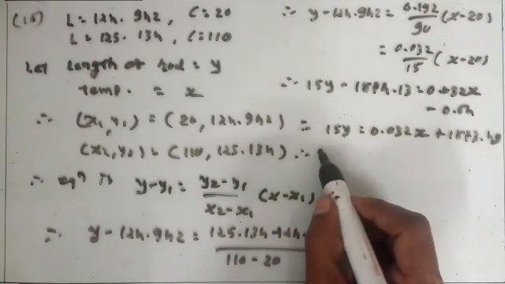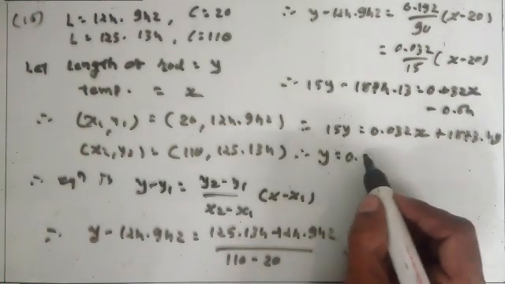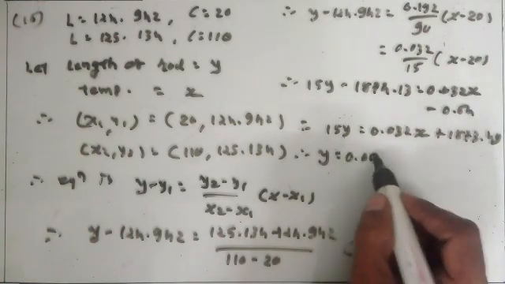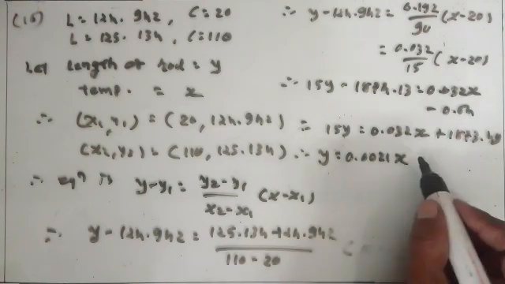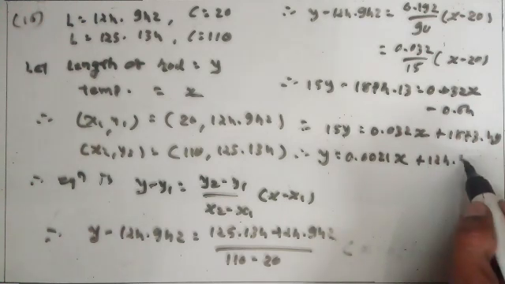Now dividing by 15 we get y is equal to 0.0021x plus 124.8993.